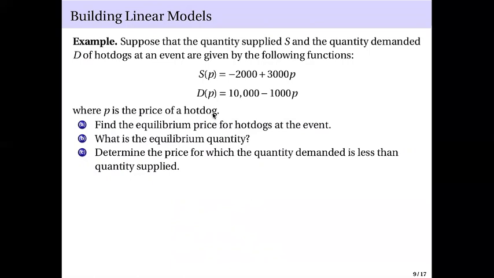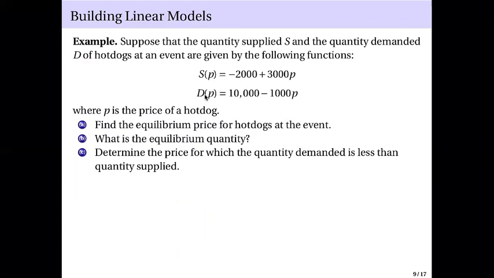Notice, for the supply function, the coefficient of P is positive. So as you increase the value of P, the supply will also increase, because the company will take advantage of the higher price to get more profit.